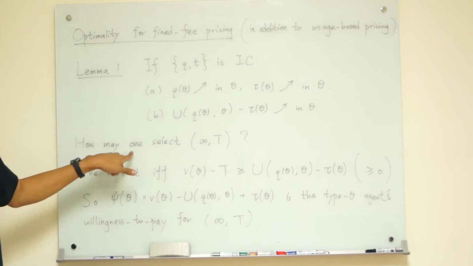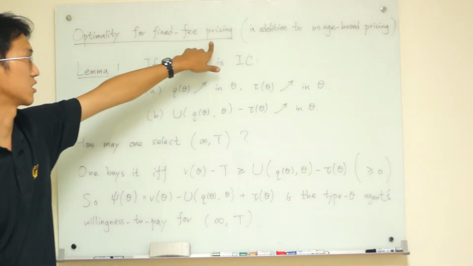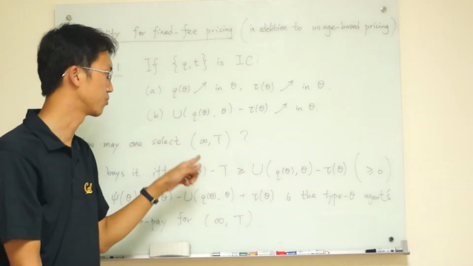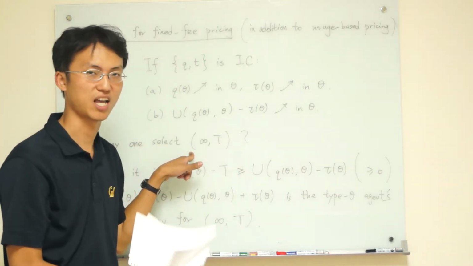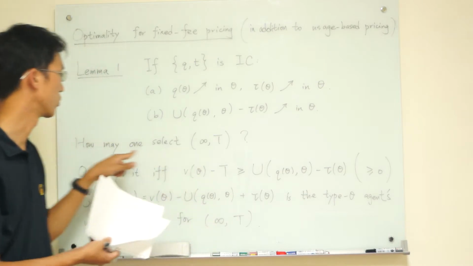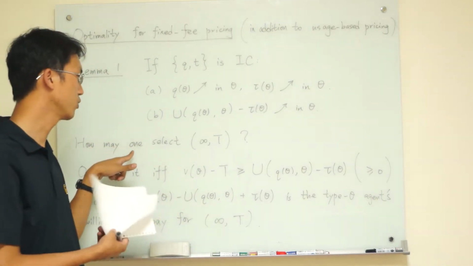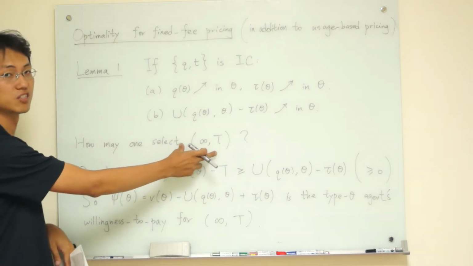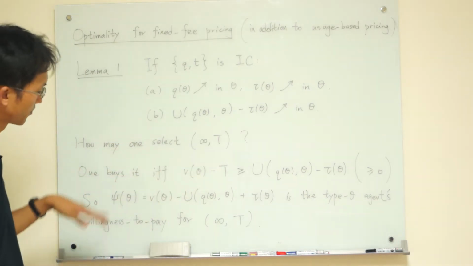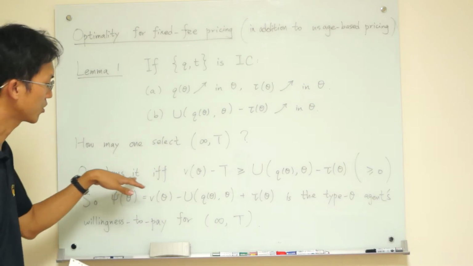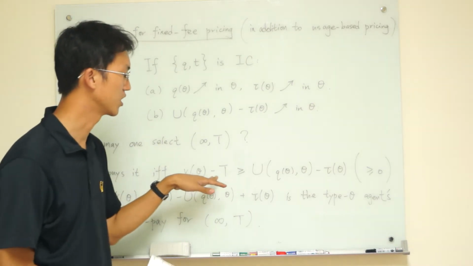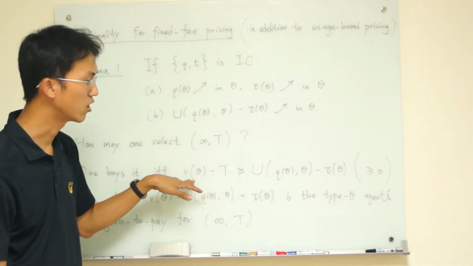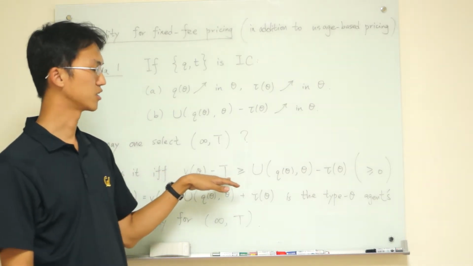Now let's ask what will happen if we add the optional fixed fee pricing plan. When we add this plan, the consumers have one more choice. So we want to ask, when will one guy select this particular fixed fee pricing plan? Naturally, if I'm going to buy it, that must be because it gives me a higher utility. In that case, I'm going to earn this utility minus the payment.